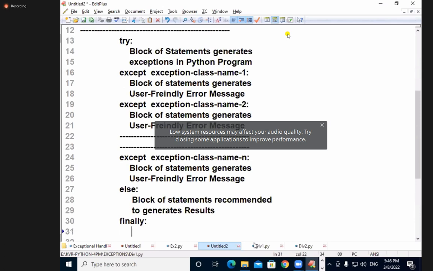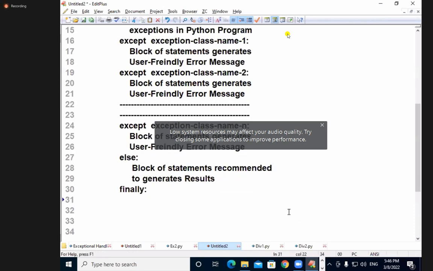Finally block. Optional to write or mandatory to write? Optional. Rocky, what happens today? Today, Rocky, you change your name, not Rocky. Today you are weak.